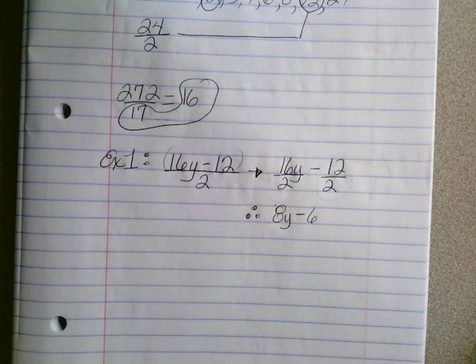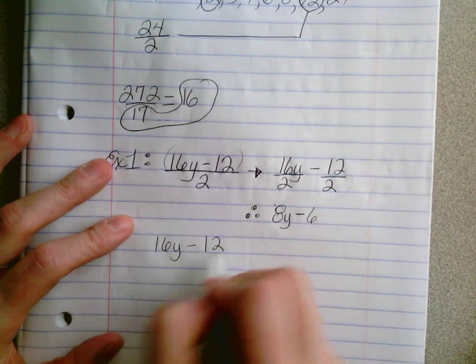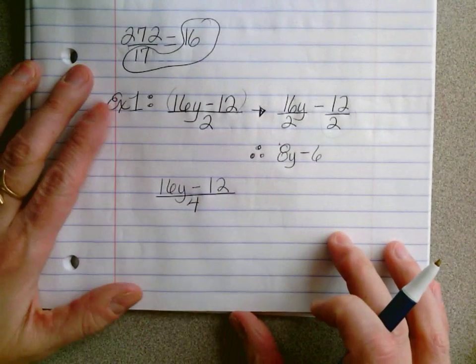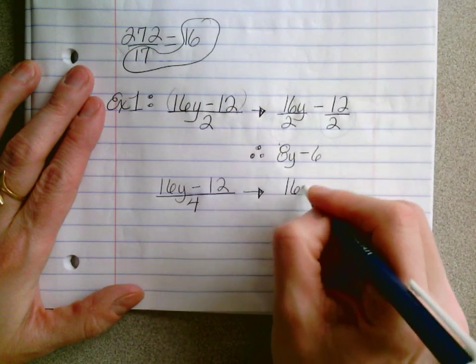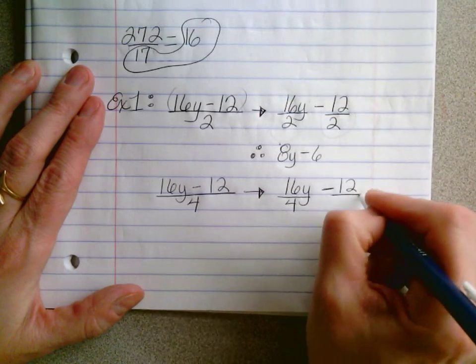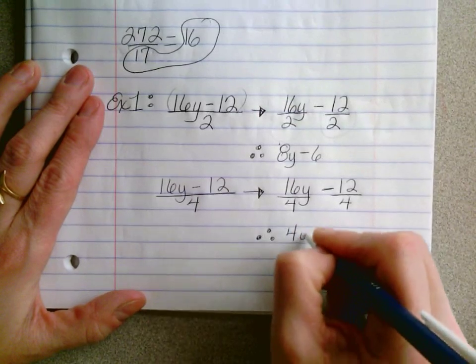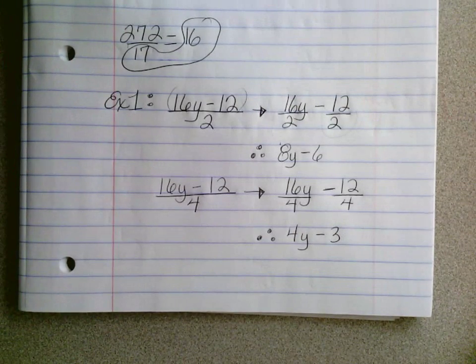What if I used the exact same numerator, but said divide it by 4? No problem, we can do that. We can take 16y, cut into 4 pieces, and negative 12, cut into 4 pieces, and yes, 4y and negative 3 would be your answer. 4y minus 3 would be your answer.